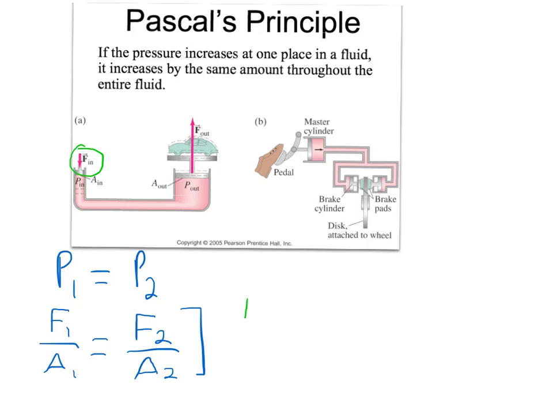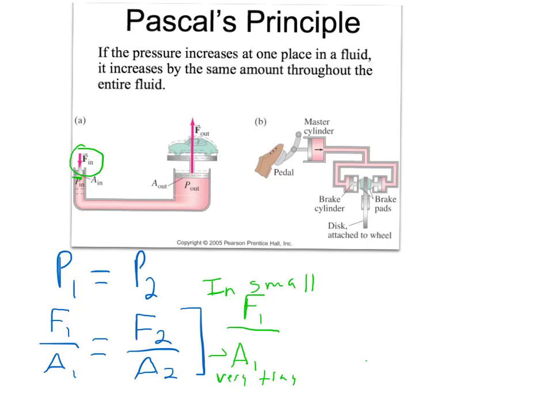So let's think about this. We've got F1, this is what we're putting in. And on the jack, the area you put that force is intentionally made very, very tiny. So our area 1 is very tiny, and our force 1 is pretty small. So we've put in a small force over a tiny area.